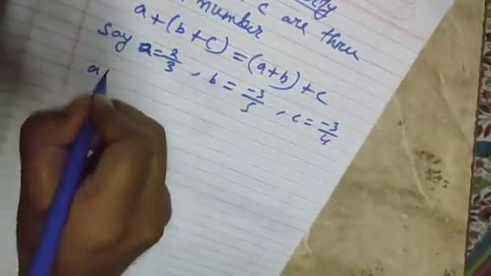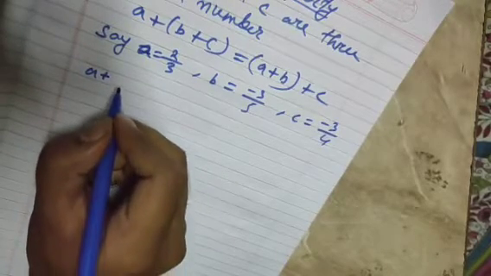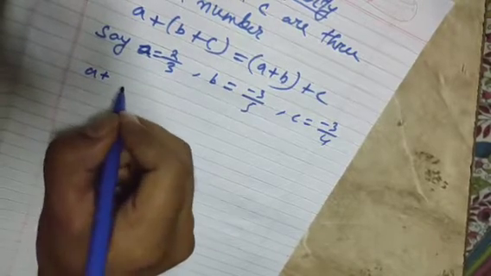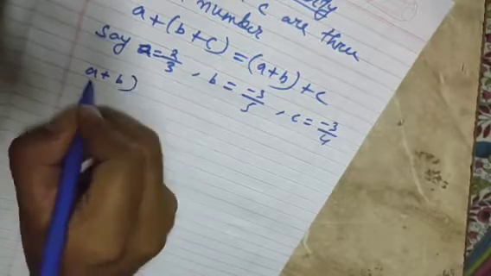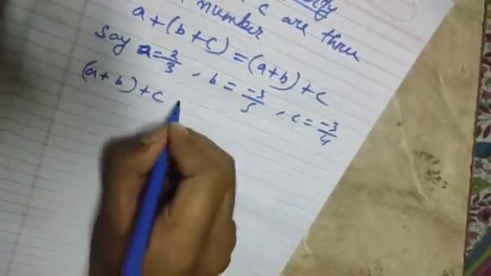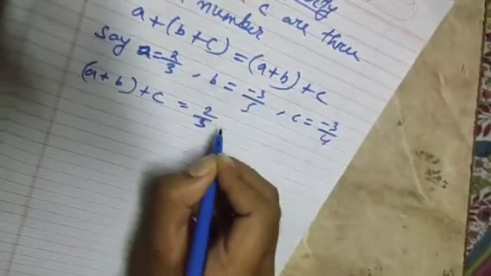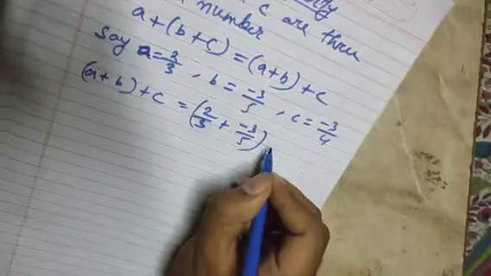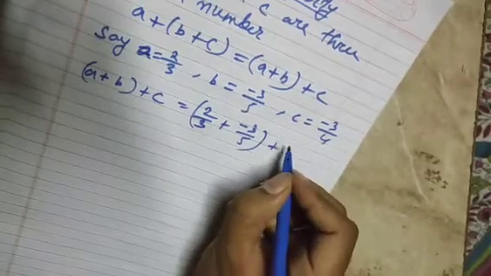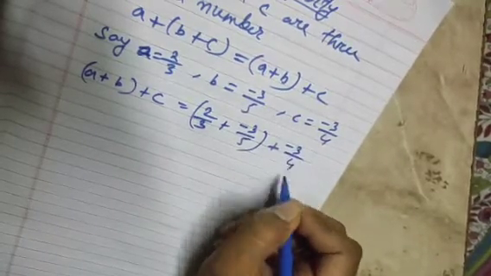Now a plus b plus c, that means 2 by 3 plus minus 3 by 5 plus minus 3 by 4.